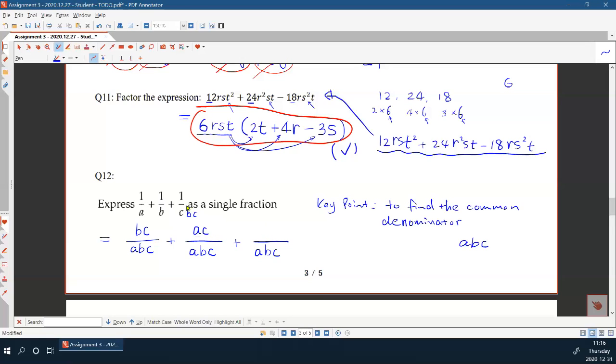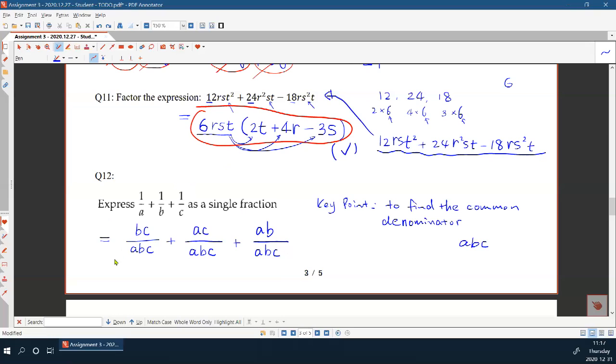So to keep it equal to the original term, you have to times the same coefficient to the numerator. So the third term becomes ab over abc. Okay, you can also verify, if you cancel ab here, you have 1 over c, which is identical to the original term.